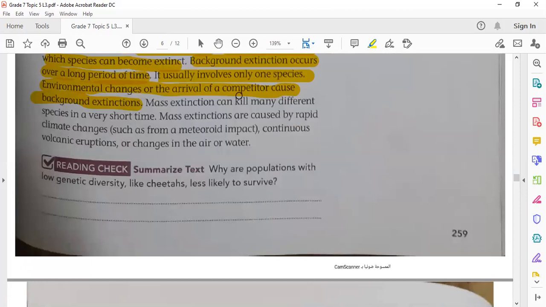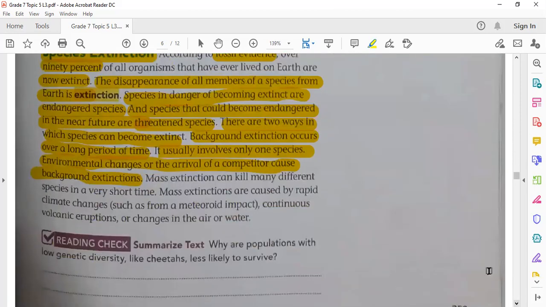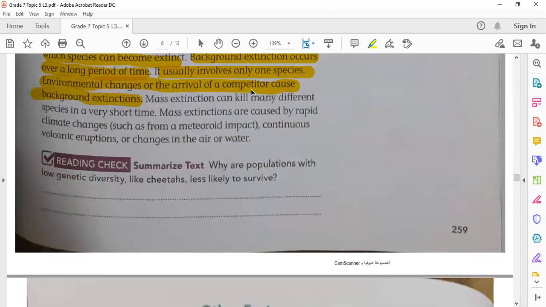What is a competitor? It is another species that competes with this species for food and resources. It is another animal or another plant that competes with this species for food and other resources.